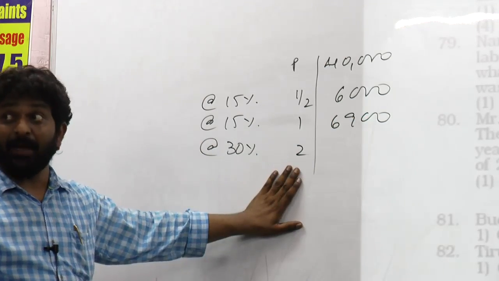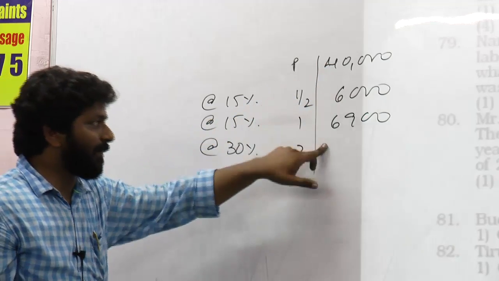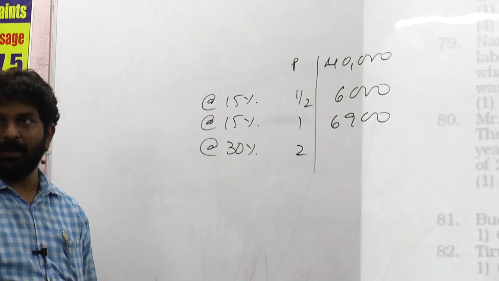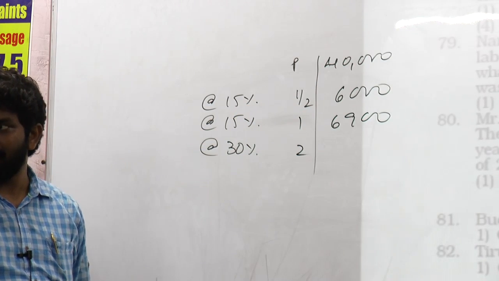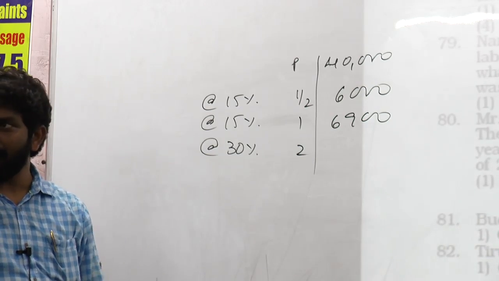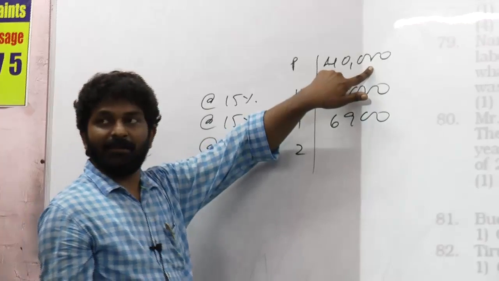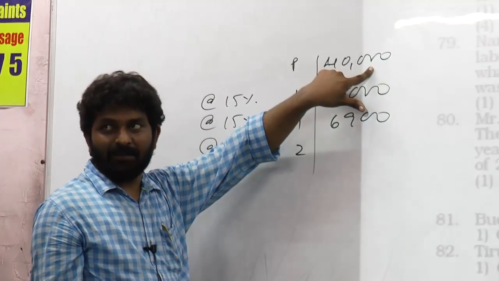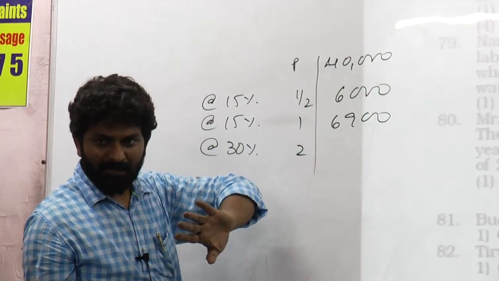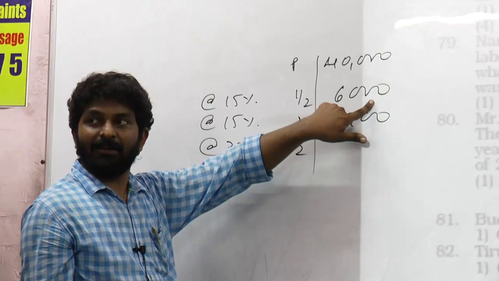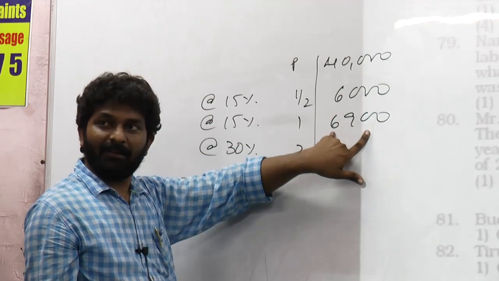And next, second year you have to calculate 30% on every number. Compound interest is applied on what? On the visible ones. 3 are visible, so apply on all three. 30%, 12,000. Okay? Can you remember that? 30%. 30%.